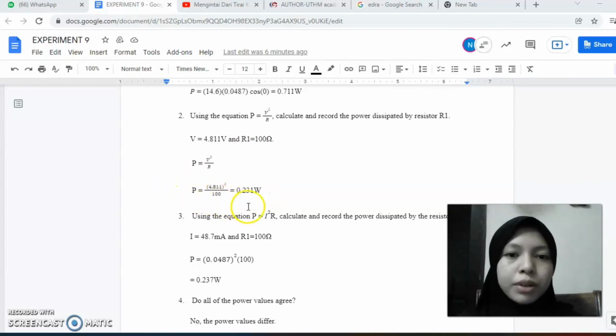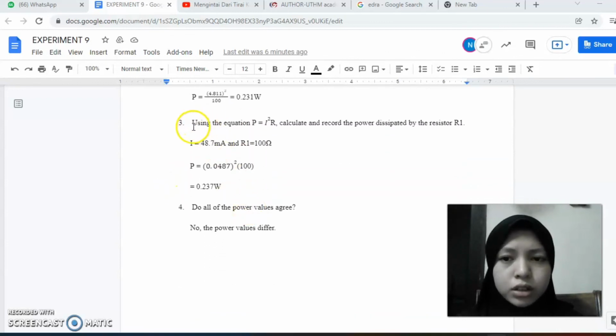For the third question, using the equation P equals I squared R, the current is 48.7 milliampere and R1 equals 100 ohm, and the answer is 0.237 watt. Do all of the power values agree?